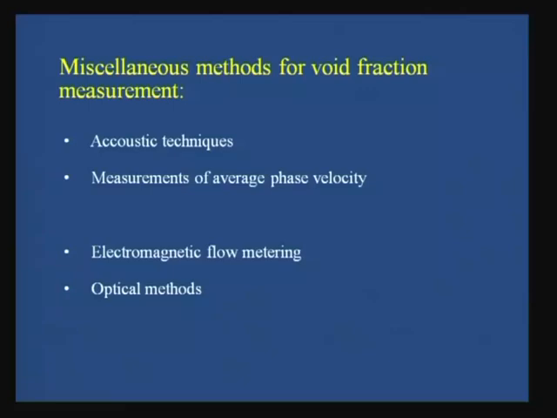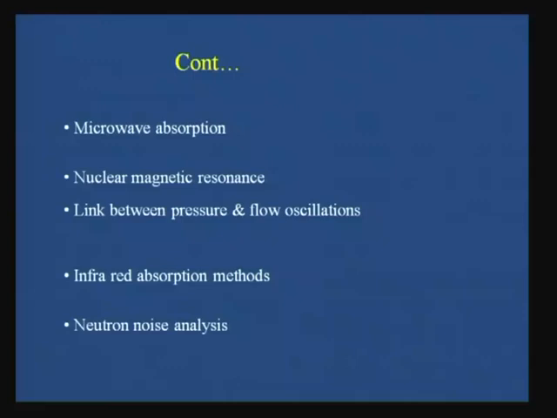See, the first thing which I told you was radiation absorption. Usually we use gamma rays. Instead of radiation absorption, we can use microwave absorption. This does not have the hazards of radiation. So, this is one very good thing about microwave.